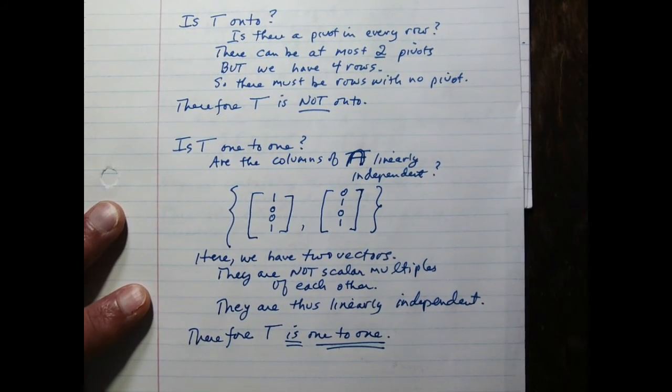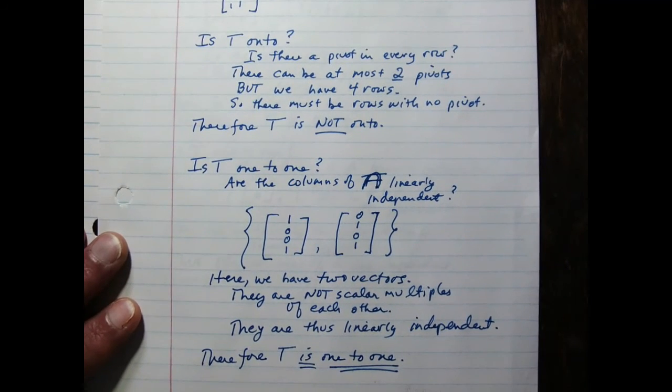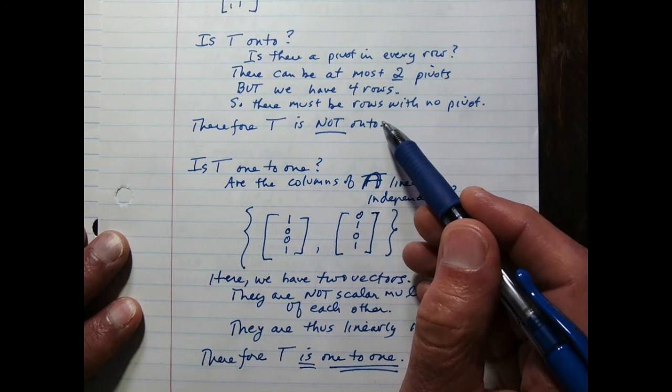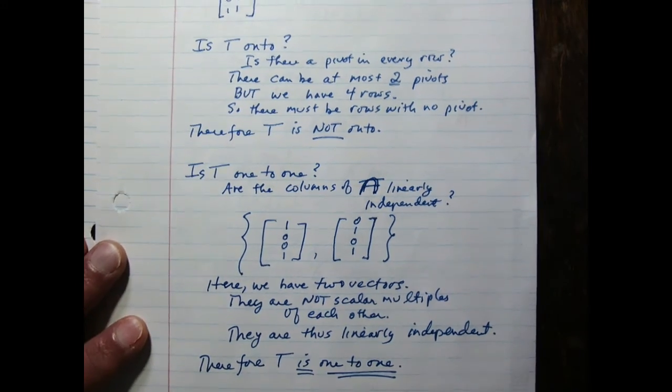So in this example, the linear transformation turned out to be not onto, but it was one-to-one by applying Theorem 12.